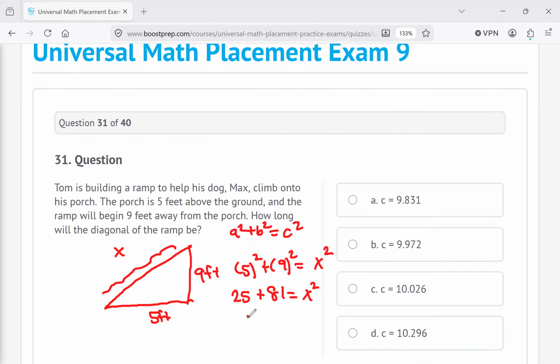That's 106, and then take the square root. X is the square root of 106. Just 10.29. So letter D.